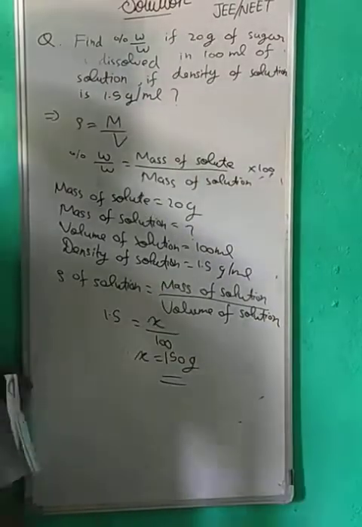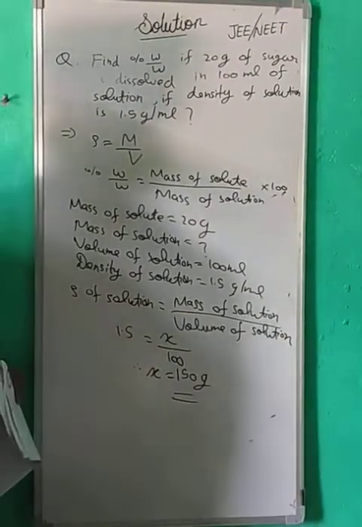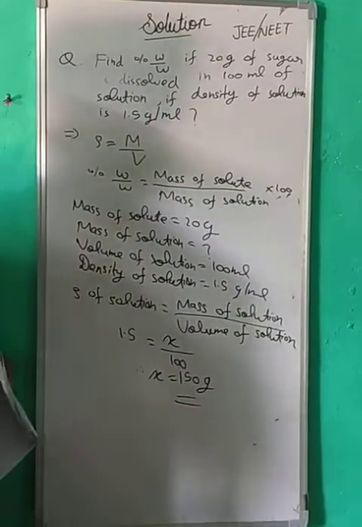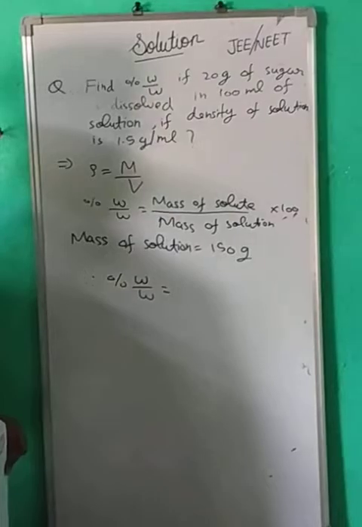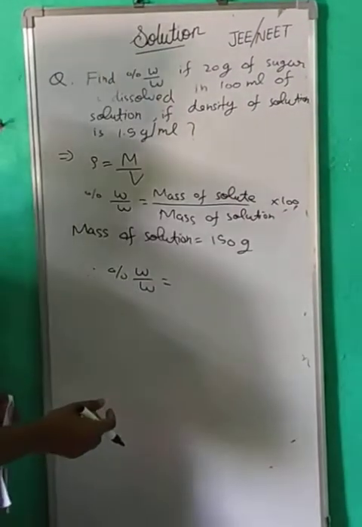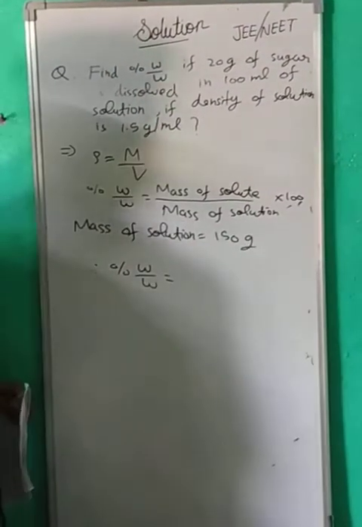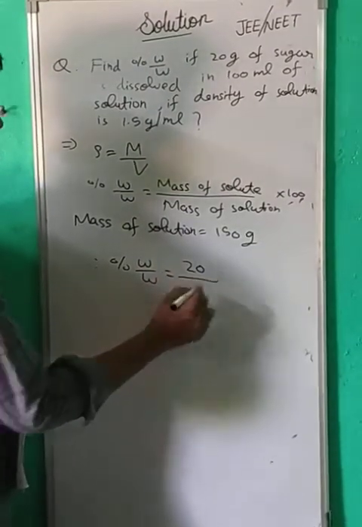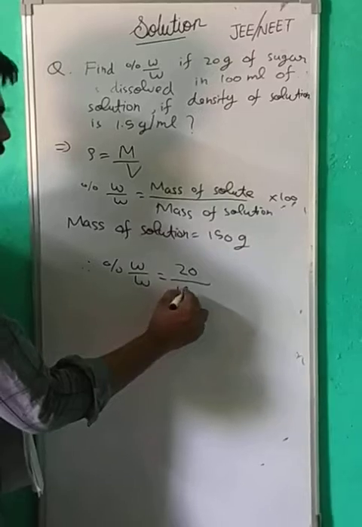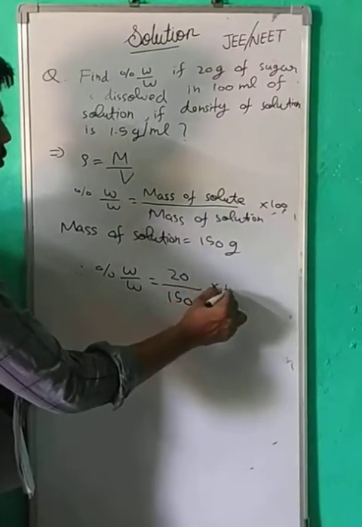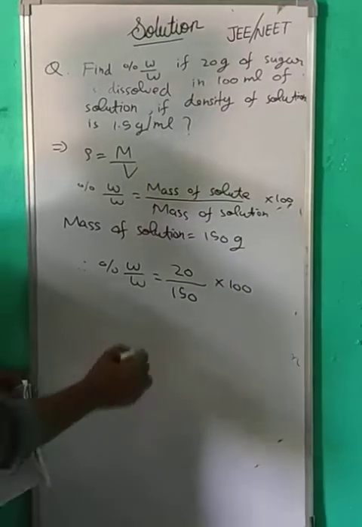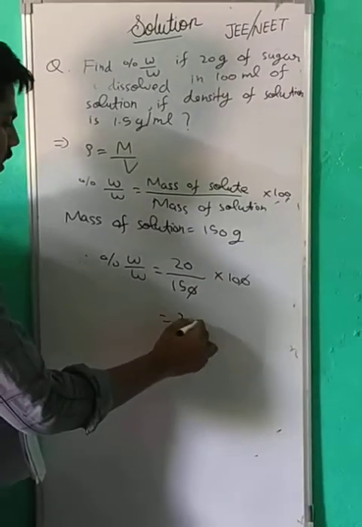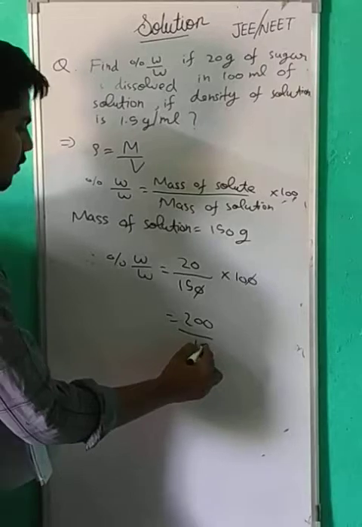Okay, we have got now the mass of solution. Now apply this mass of solution in this formula and we will get the answer. We found mass of solution 150 gram. Now applying it, mass of solute is given to us 20 gram. Just now we found mass of solution 150 gram into 100. So just solve it. The zeros get cancelled out. So 200 divided by 50.